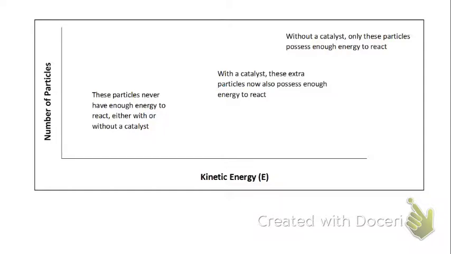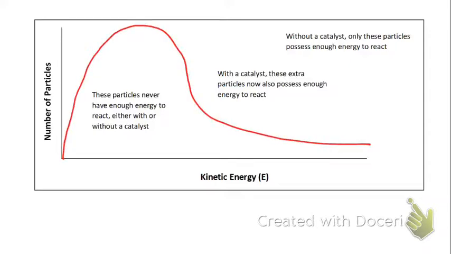All right, to finish up this idea of how a catalyst affects the rate of a reaction, we're going to do another Maxwell-Boltzmann distribution curve. Let's take a look here, a curve like so.